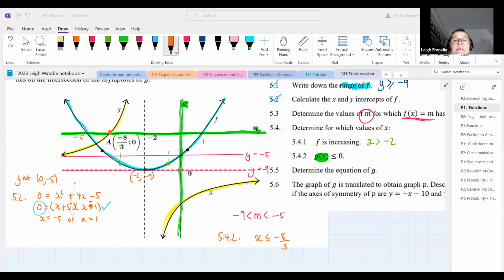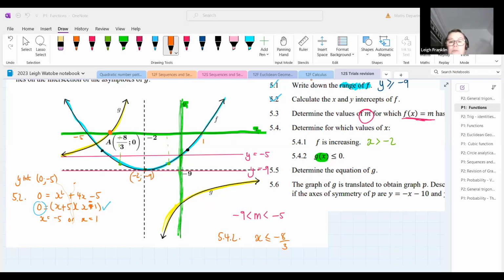And then there is, it depends how you want to write it. Jude, you can include the infinity symbol when you are using interval notation. So that's the one with the brackets. But if you're writing with set builder notation like I did in question 5.4.2, then it's not necessary to include the infinity symbol.